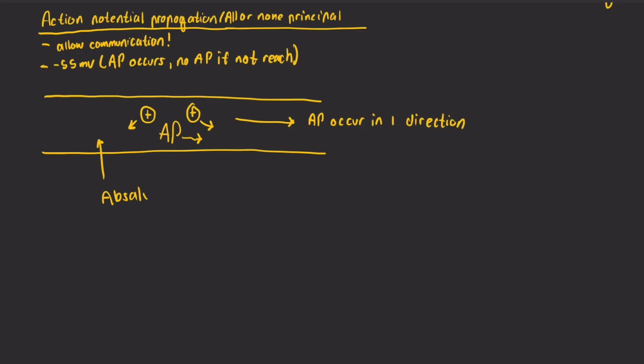And we are going to look at that. The other thing is that not only could they be in an absolute refractory period, let's say this was the trigger zone of the dendrite of a unipolar neuron.